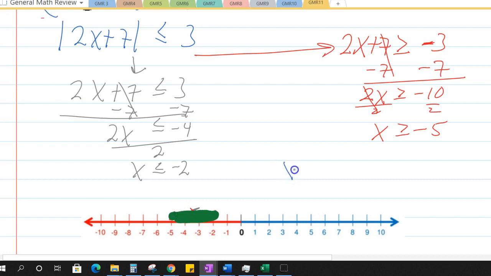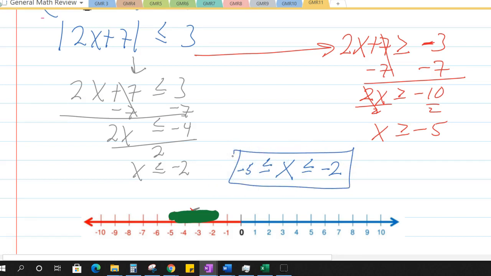This means my answer will be with x in the middle. They're both or equal to signs. It's pointing to the x and eating the -2. Over here it's pointing to the -5 and eating the x.